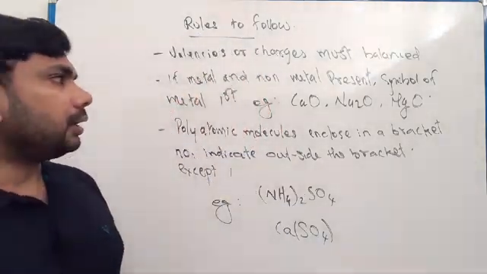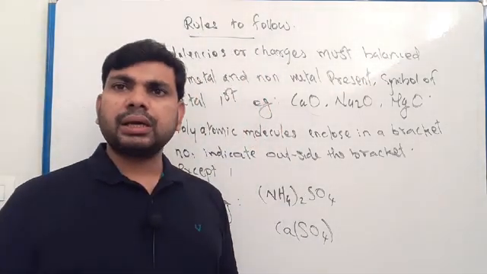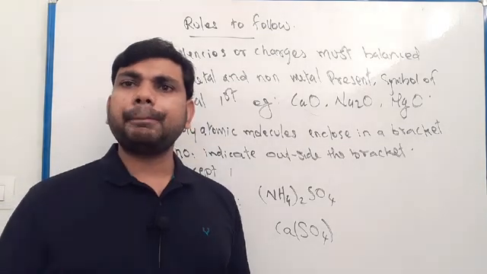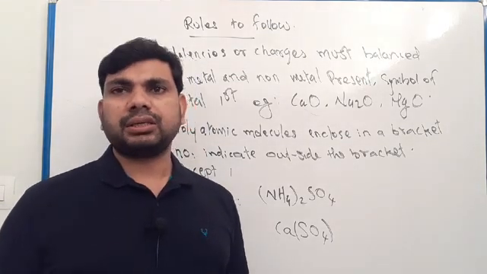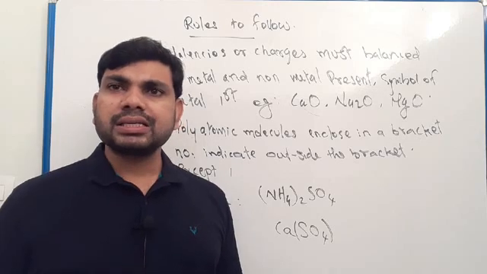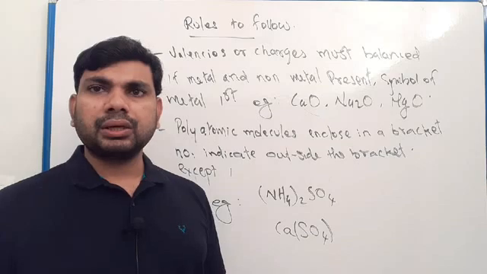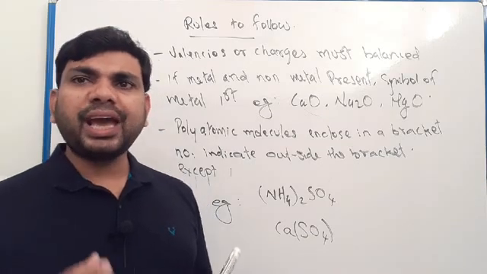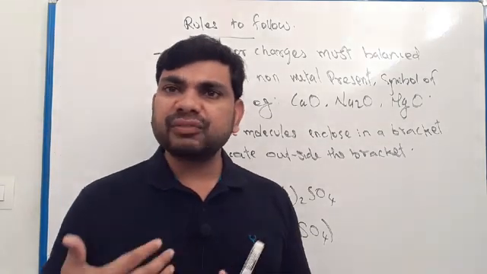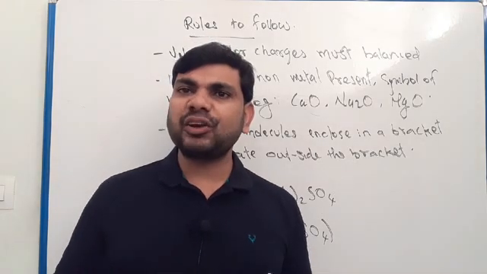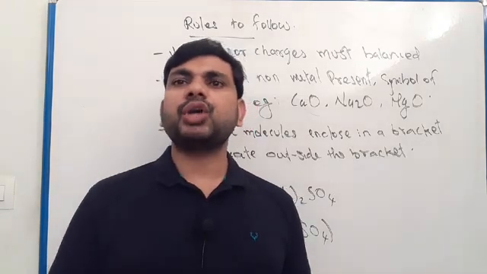Look here, a compound mostly contains a metal and a non-metal. Not always, but mostly. So here we have to write the symbol of the metal first, then the non-metal.